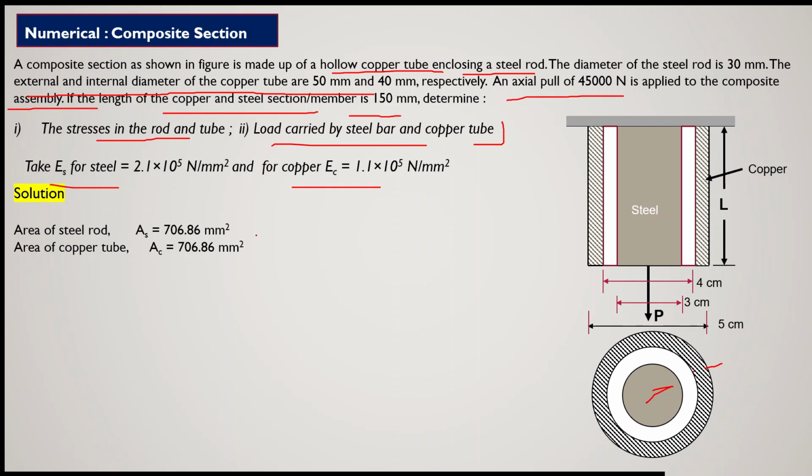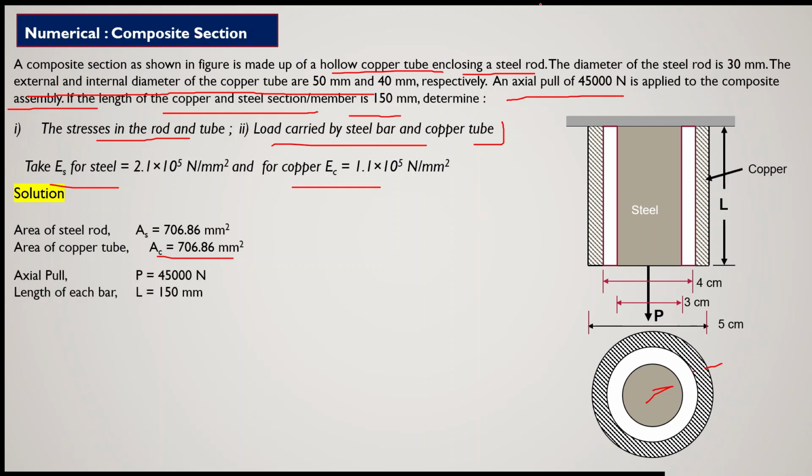If you have any doubt, you can go through the previous lecture. The area of the steel rod, A S, S for steel, A for area, is 706.86 millimeter square. How do we find the area of a hollow member? You can refer to the previous lectures where we have already calculated it. So here the area of the steel rod as well as the area of the copper tube we have calculated.